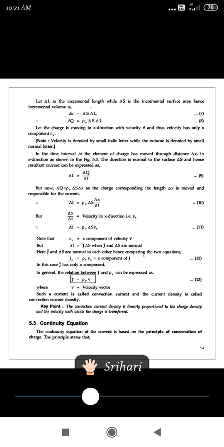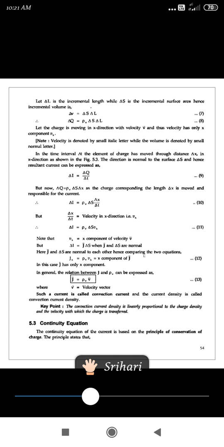Note that vx is the x component of the velocity v, but dI is equal to J dS when J and dS are normal. Comparing the two, Jx is equal to rho v vx, which is the x component of J. In this case J has only an x component.